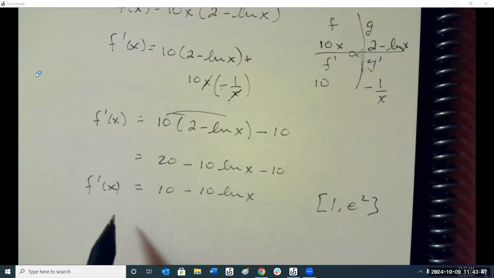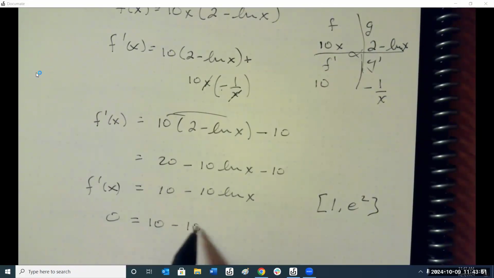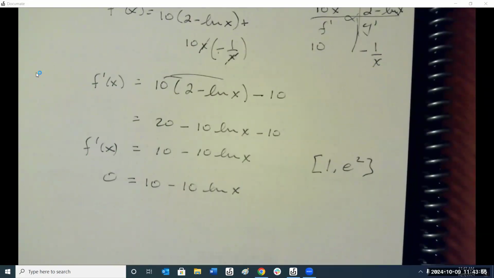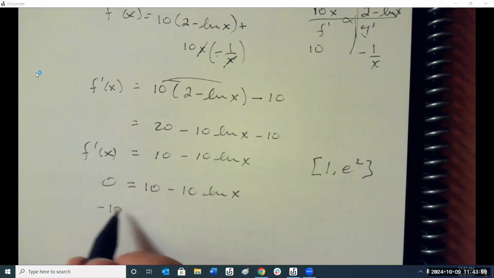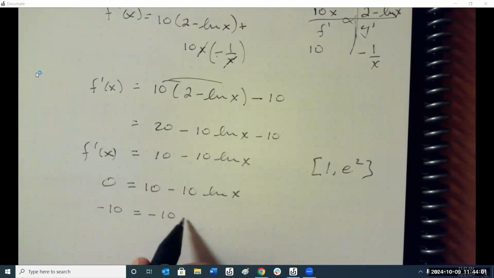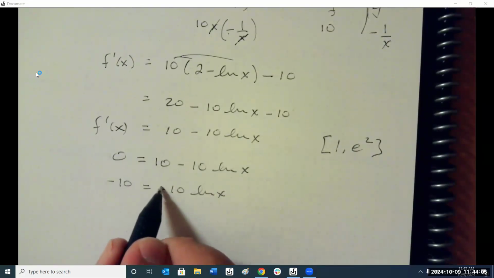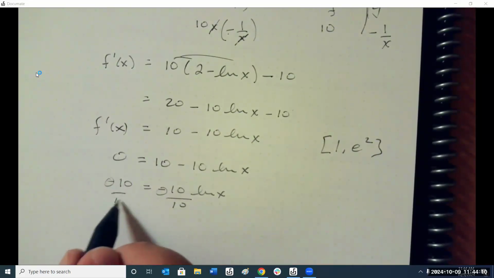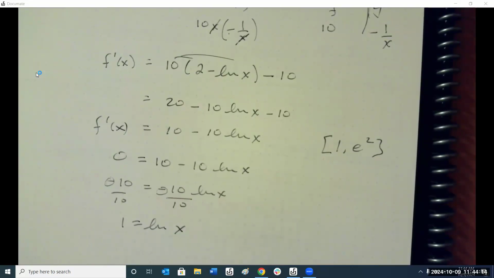Okay, first thing I do, I gotta set this equal to 0. Subtract 10. Change the sign. Divide by 10. So 1 equals ln x.